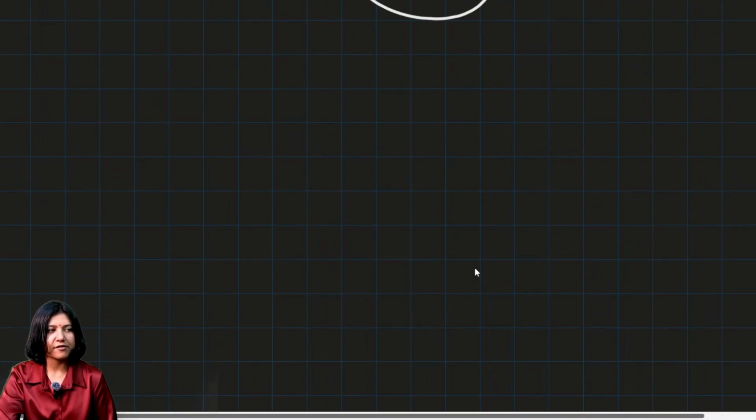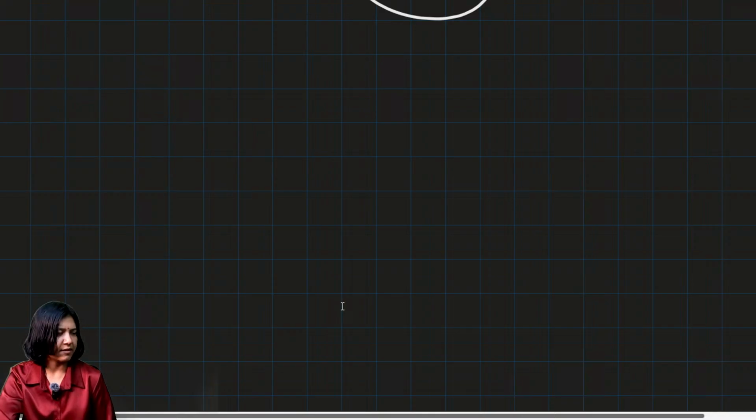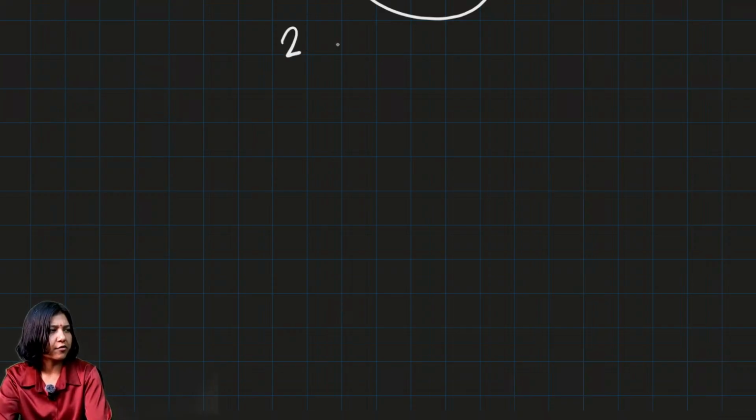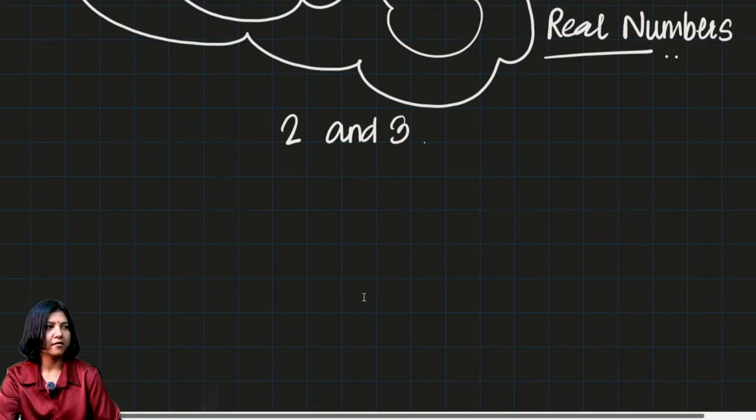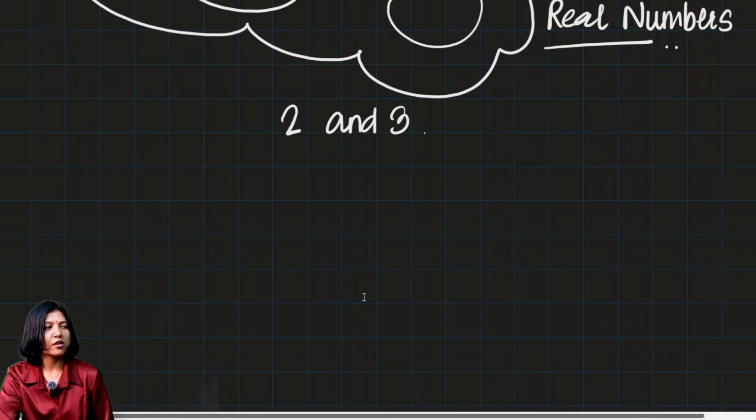Now, these irrational numbers, as I said, are easy to find. They might ask you to find an irrational number between 2 and 3. What can you do?